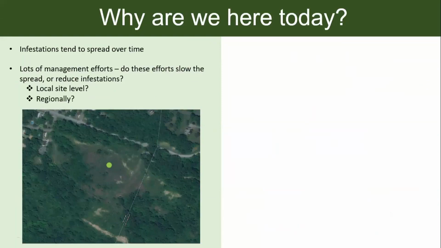But do we have information that can actually prove that? Can we answer that question at the local site level? Can we answer that question regionally? Do these efforts actually slow the spread or reduce infestations? One really useful piece of iMapinvasives is that it's set up so that you can track this sort of thing and try to answer these sorts of questions.